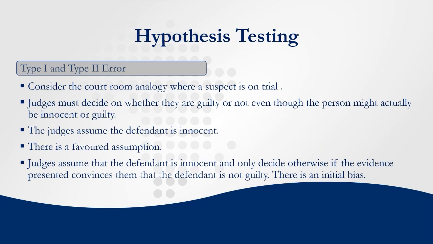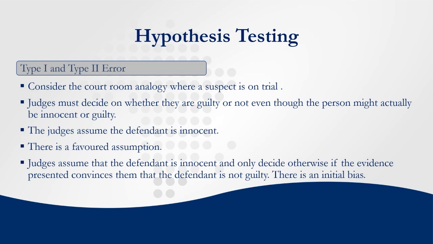This person has either committed it or not. The truth is known by them, maybe known by other people as well, but it is there. But now when they appear in court, the decisions will be based on what? The evidence that is presented.